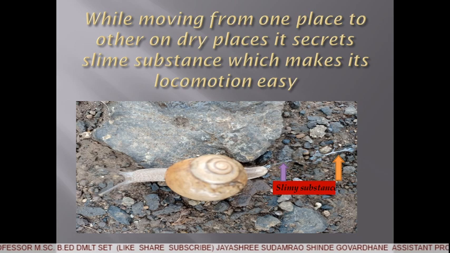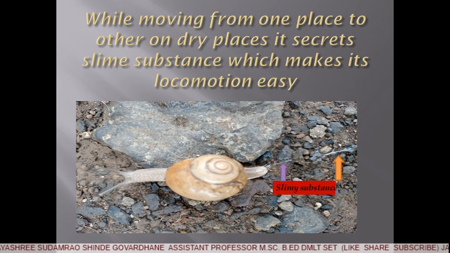Don't be confused. See, the Pila's foot is present on the ventral side. Its movement is so slow that it covers only about 50 millimeter in a minute at its full speed. Its speed is so slow.